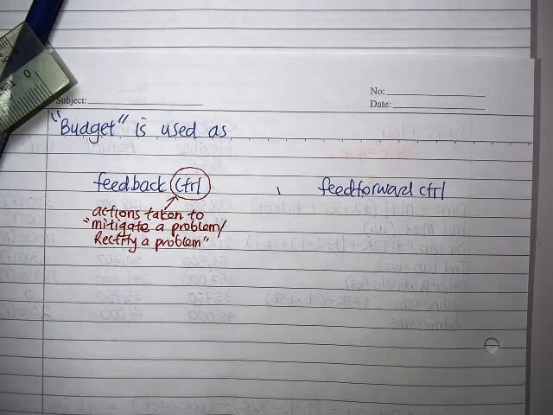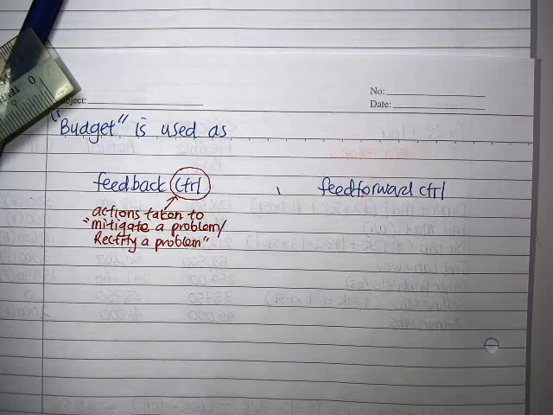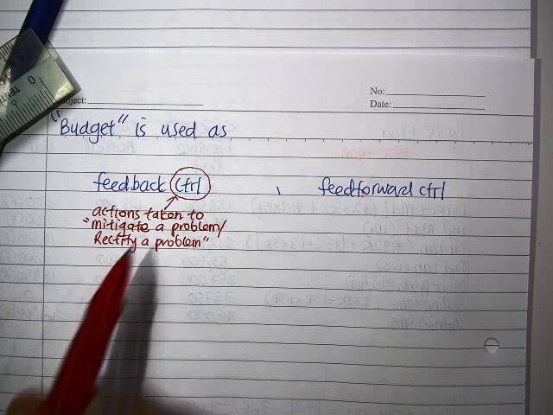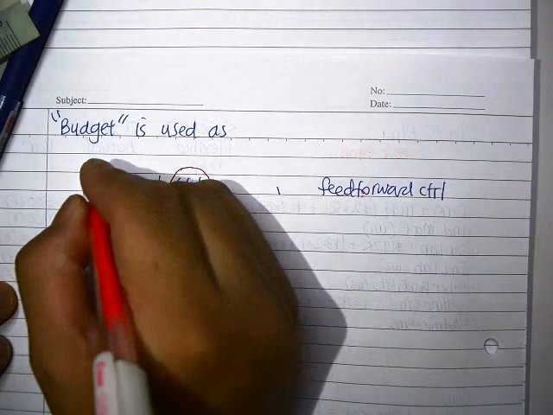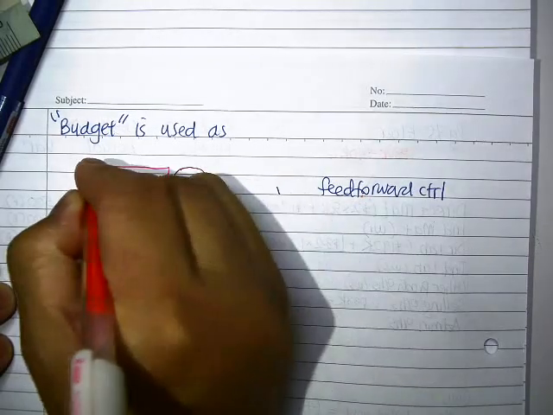For example, if you overspend, then obviously you must cut costs. So when you cut costs, you're going to make sure that you don't overspend so that you maintain your profit. Now this is called control. But the control is based on feedback signal.